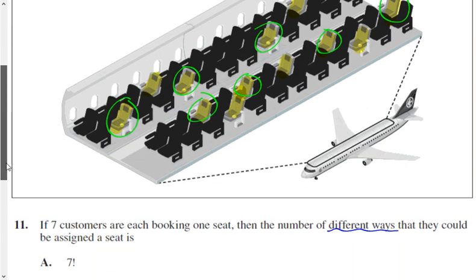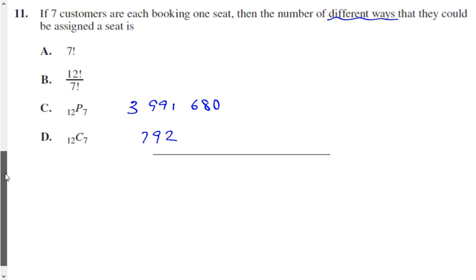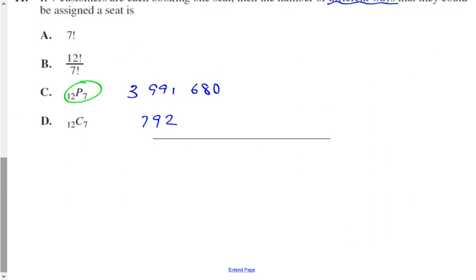So we look back at the question. 7 customers, each booking 1 seat. Then the number of different ways they could be assigned a seat. Are customers in seats yet? Or did I just pick where they're going? I only picked where they're going. I still need to assign them seats, which means it's a permutation.